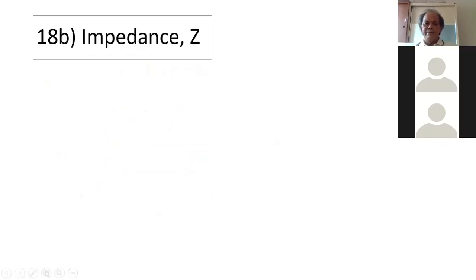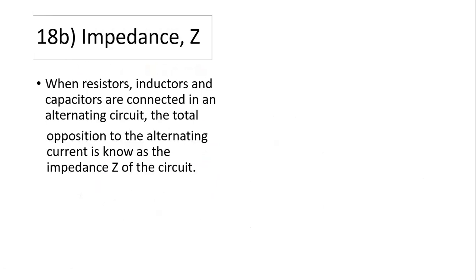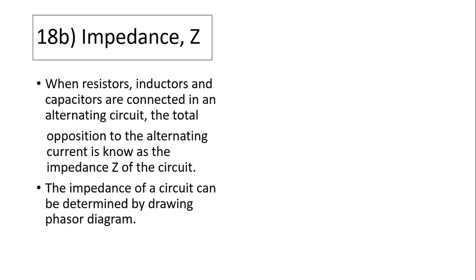Okay, we have a term there, impedance, which we haven't defined formally. When resistors, inductors and capacitors are connected in an alternating circuit, the total opposition to the alternating current is known as impedance. So basically, impedance includes resistance and reactance.